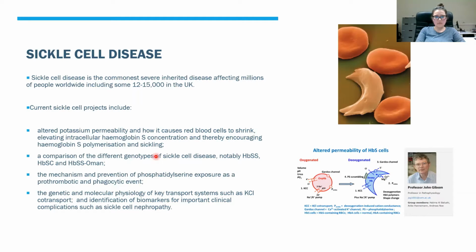They also compare different genotypes of sickle cell disease. The three ones that I don't really know about, and we have not learned about them in lectures: the mechanism and prevention of phosphatidylserine exposure as a thrombotic and phagocytic event, and potassium chloride co-transport.